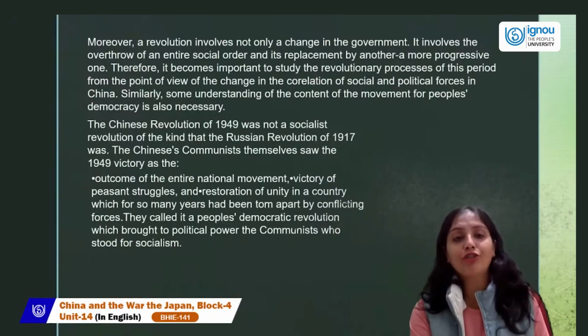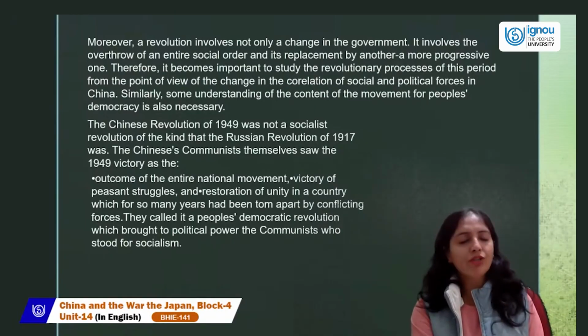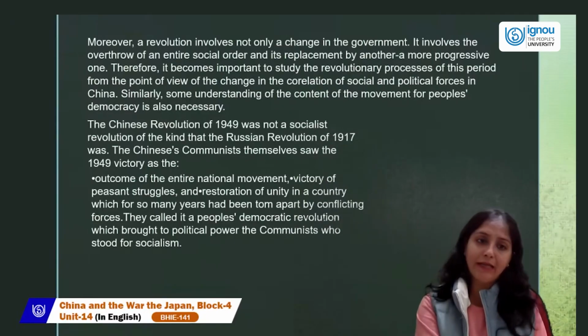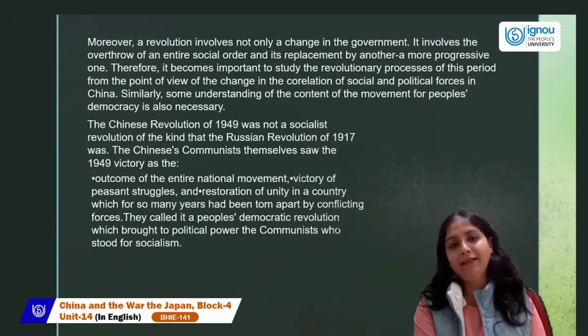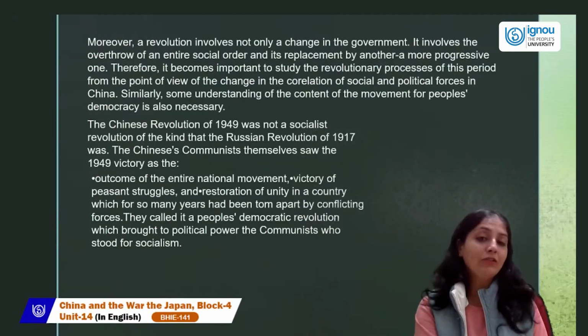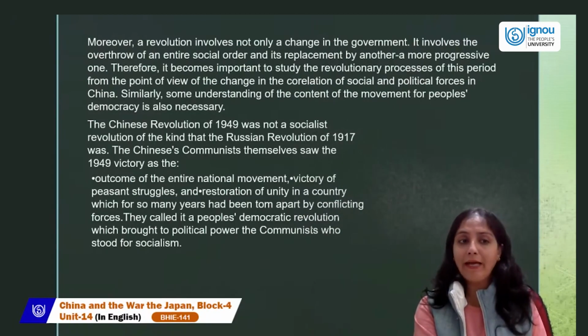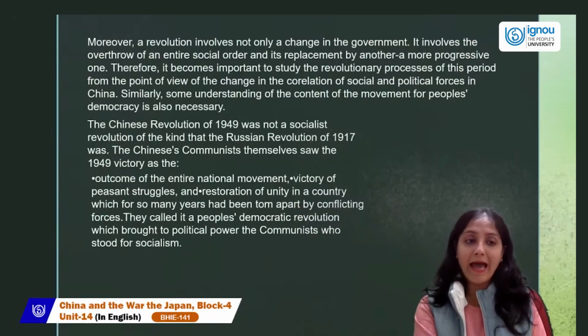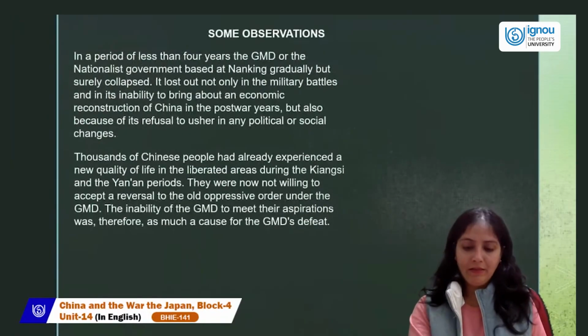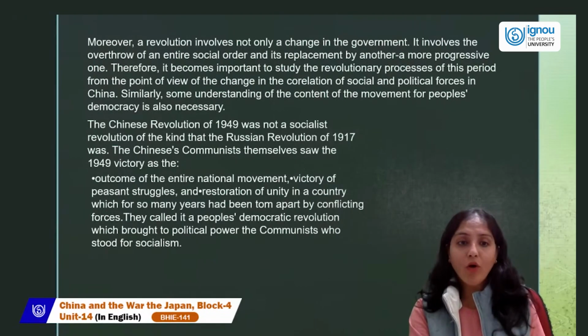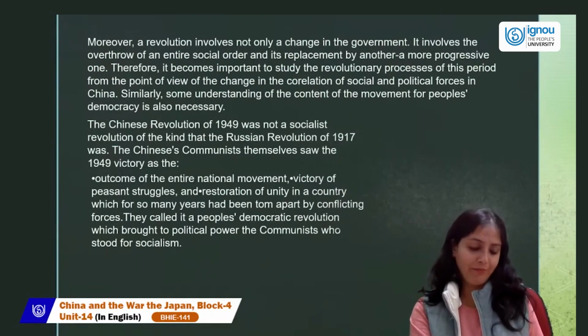The Chinese Revolution of 1949 was not a socialist revolution of the kind the Russian Revolution of 1917 was. The Chinese communists themselves saw the 1949 victory as the outcome of the entire national movement.